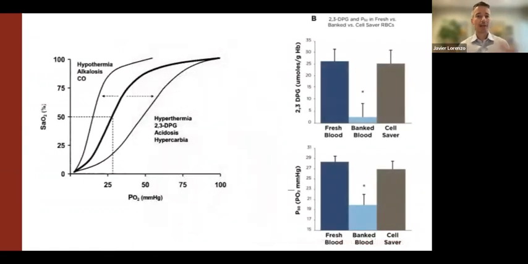All right. So again, you probably are going to see this in your boards. And if we're going to talk about oxygen transport, we have to talk about delivery of oxygen. You've seen this before. You've seen the oxygen hemoglobin dissociation curve. Anything that moves that curve to the left increases that affinity. Anything that moves it to the right decreases that affinity and improves delivery of oxygen.